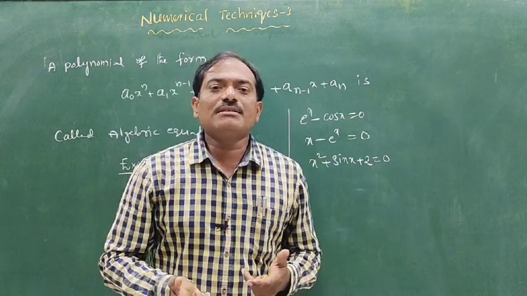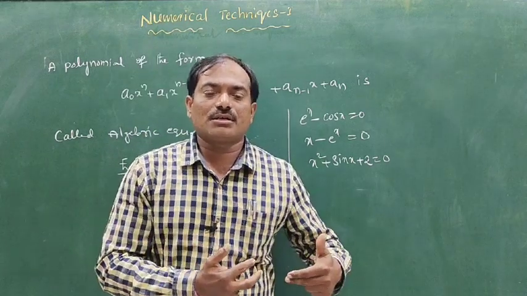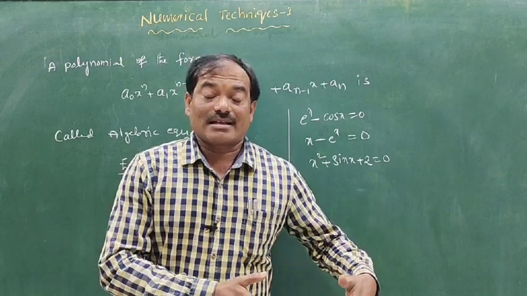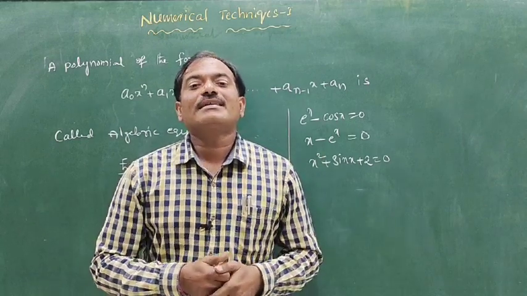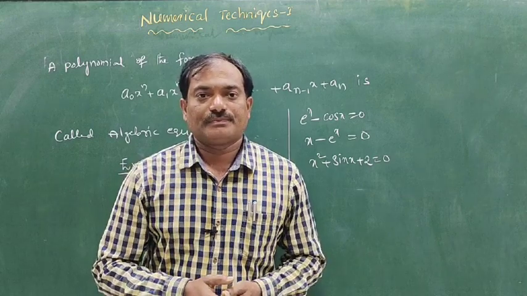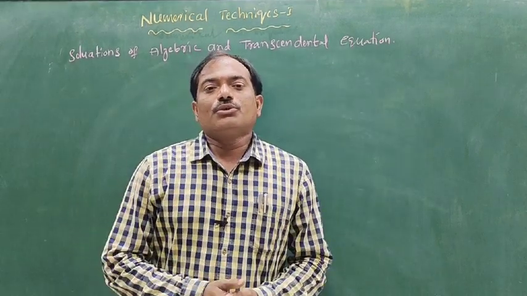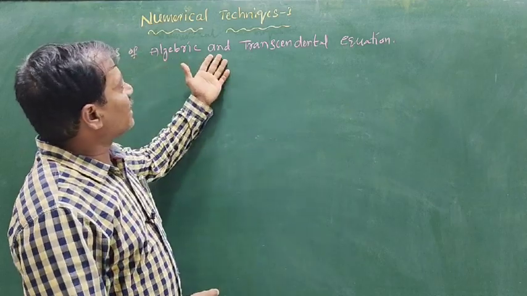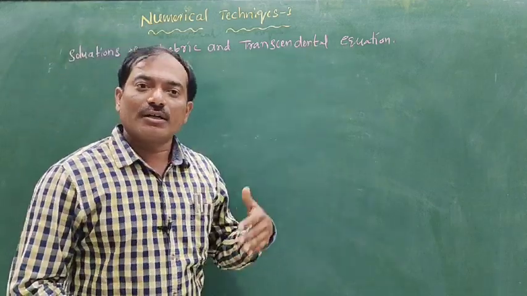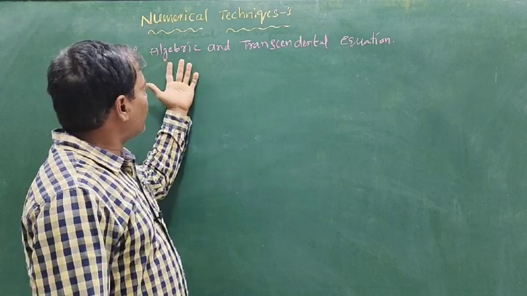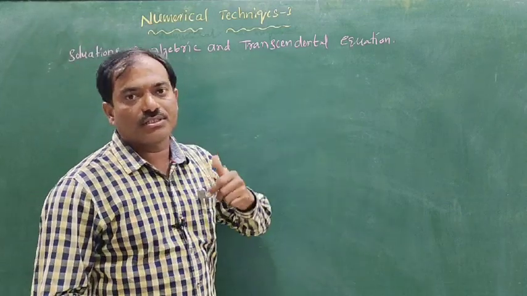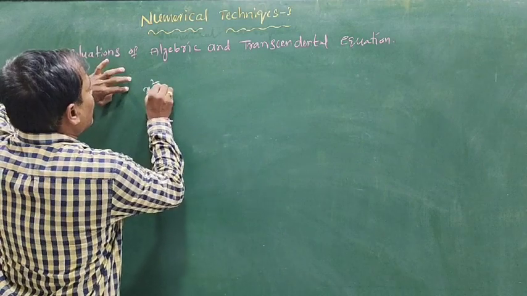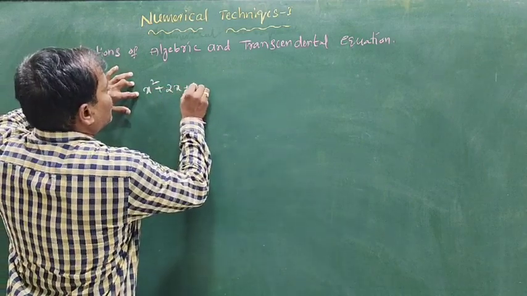Okay, so in this chapter, we have to discuss algebraic equations and transcendental equations. Now in this unit, we have to discuss the solutions of algebraic and transcendental equations. Already we discussed what is the algebraic equation and what is the transcendental equation, and we wrote once more the algebraic equation: x square plus 2x plus 3 equal to 0.